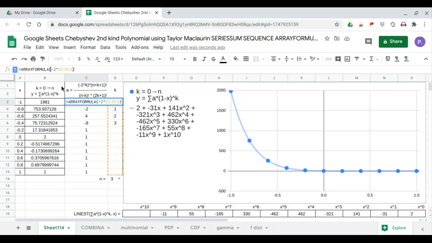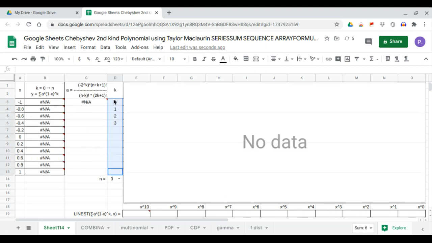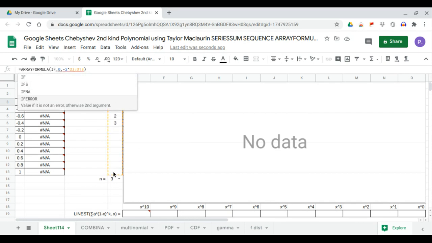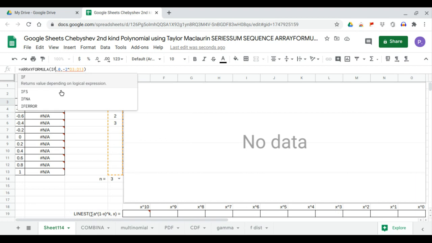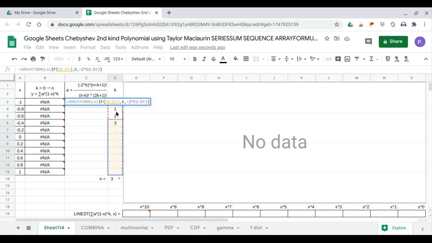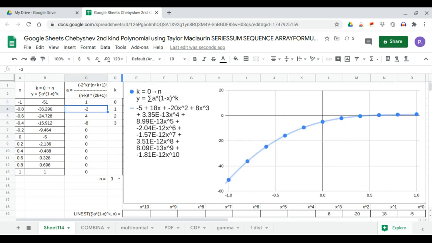So if k is empty, equals empty, then 0, otherwise calculate. So we have corrected the problem. So this is 0 because this is empty.